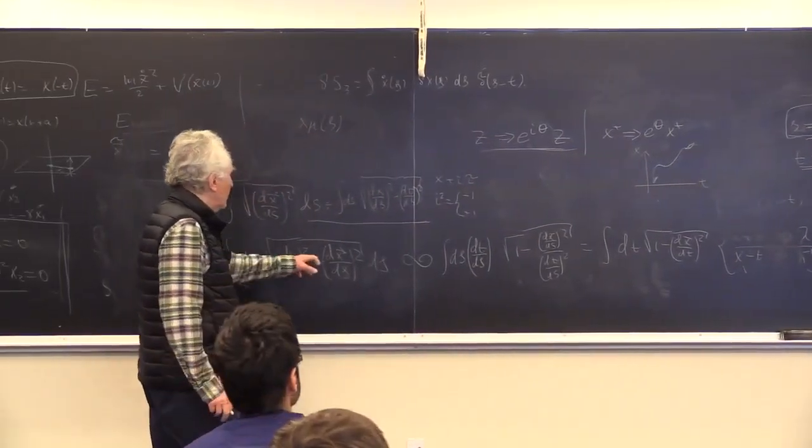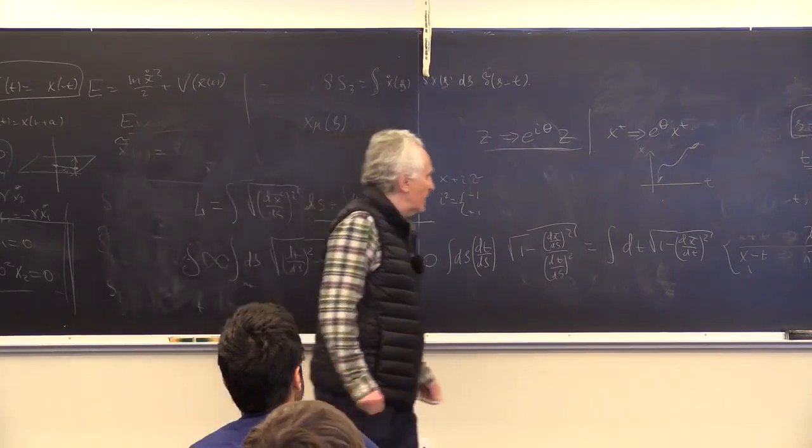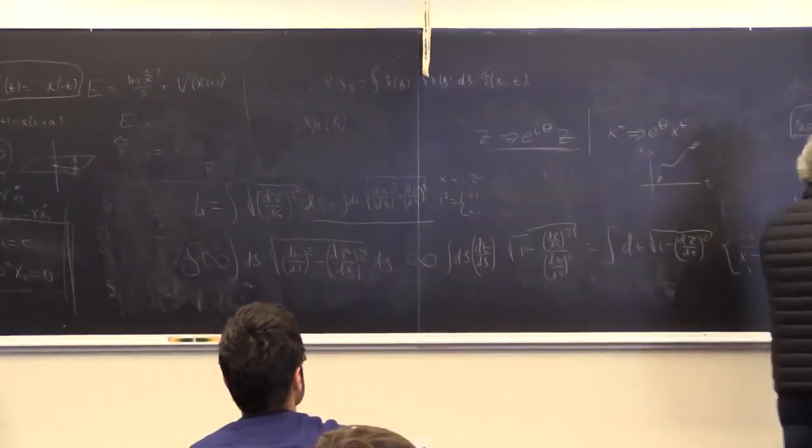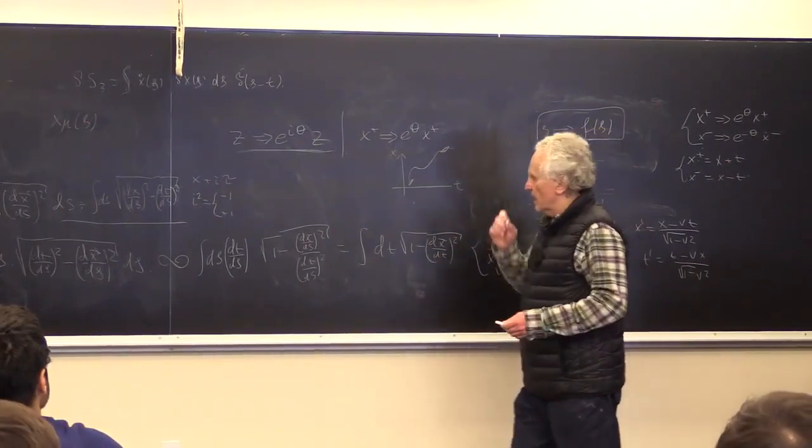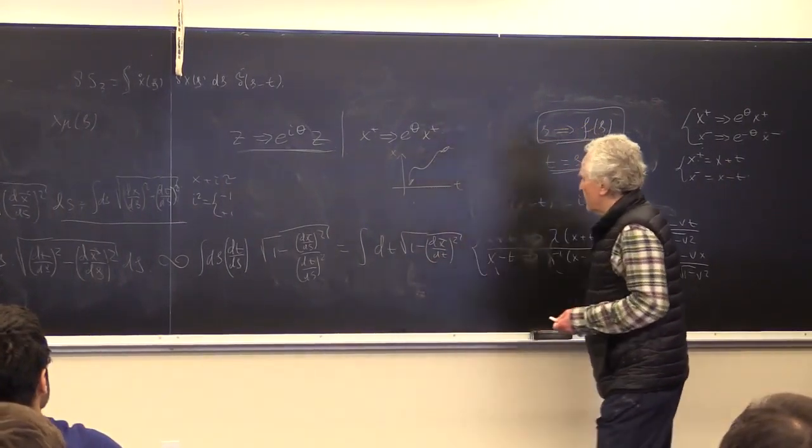When you choose T equal to S, you have this thing, and this is now the ordinary velocity. This is the Lagrange function.